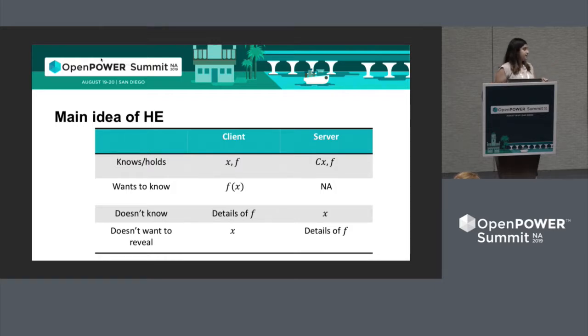There's a server side that does not know what x is. There is no input given to it, but it knows an encryption of that x, which we call C, and knows the details of f, and does not want to reveal the details of f to the client.